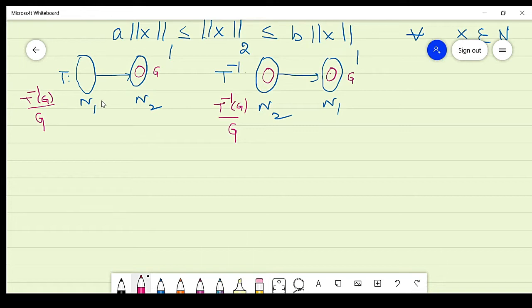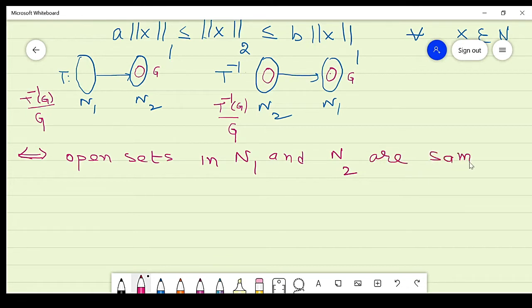So we get that open sets in N1 and N2 are the same. Why is this possible? Because these are continuous linear transformations.